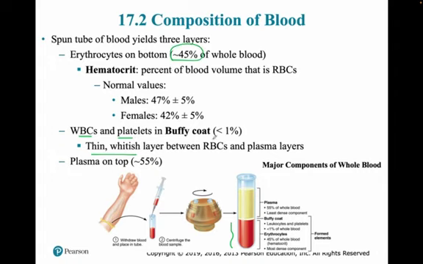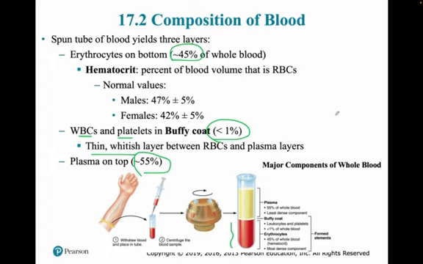This buffy coat, which is the WBCs and the platelets, will be 1% or less than 1%. And plasma will be approximately 55%. So plasma is still the major component. So if I ask you what is the composition of blood, you will say approximately 55% plasma, approximately 45% red blood cells, and 1% or less is the WBCs and the platelets.